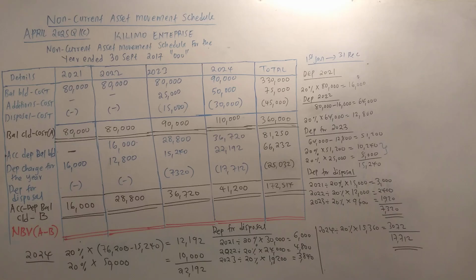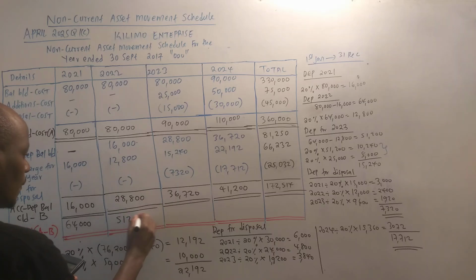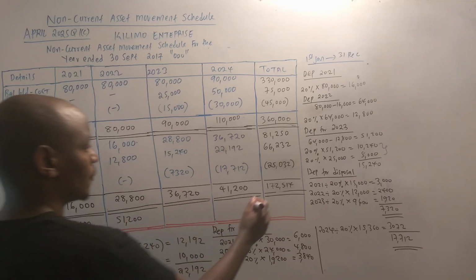Okay, we shall confirm that one. So let's find the net book value, which is 80,000 minus 16,000. That is 64,000. Then 80,000 minus 28,800, that is 51,200. We are going to confirm this figure.